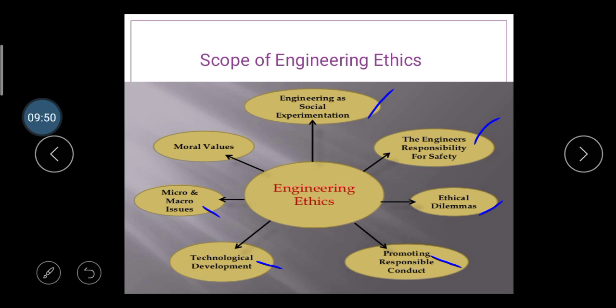At that time they have to face these micro and macro issues and try to solve them with ethics. Okay. Then after, moral value. Moral means you have to behave very morally, with good behavior and with ethics. Okay. Then after, here are the scopes of engineering ethics.